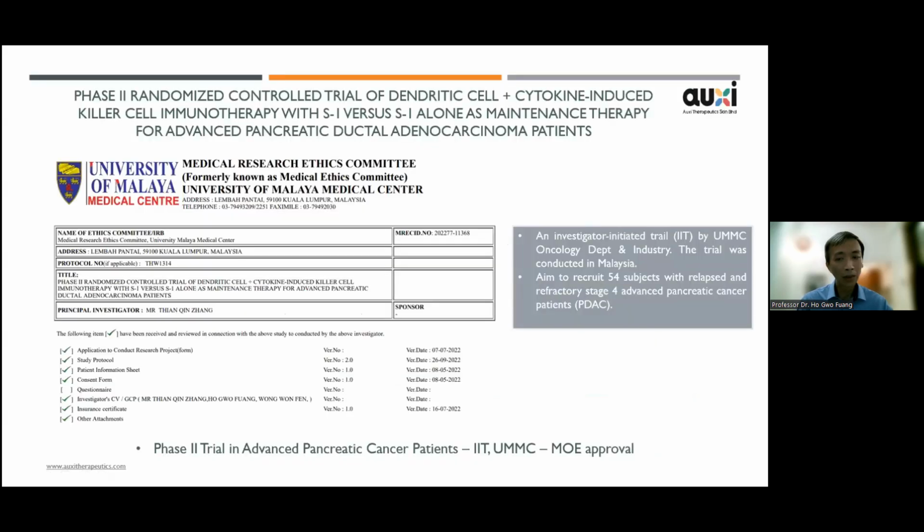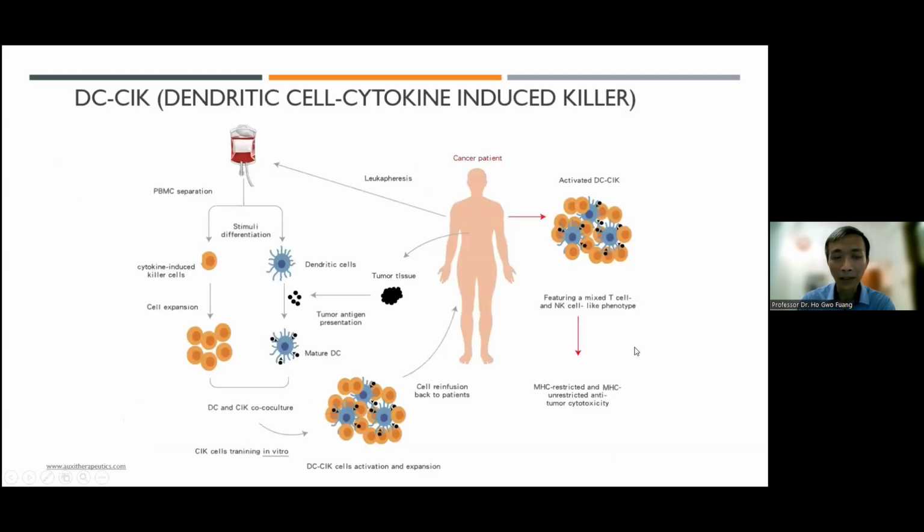Just to talk about our protocol, so this has been running for a year plus now. So this is the dendritic cells and cytokine-induced killer cells for pancreatic cancer, which is the most deadly cancer. So we wanted to recruit 54 subjects with relapsed or refractory stage 4 advanced pancreatic cancer.